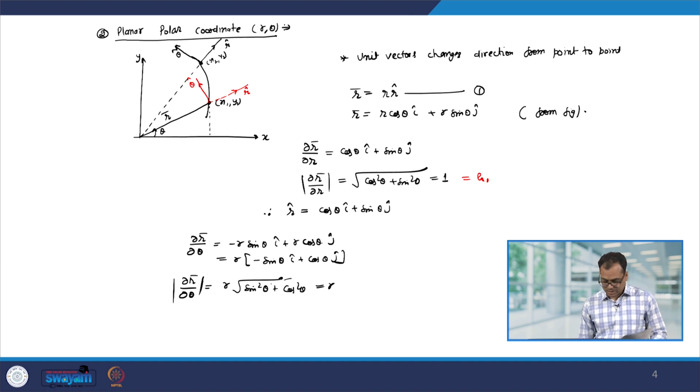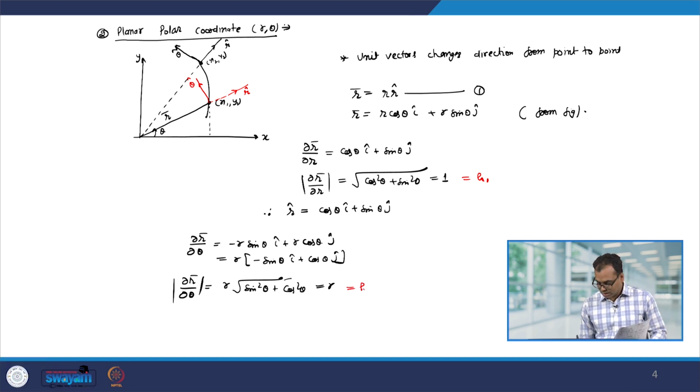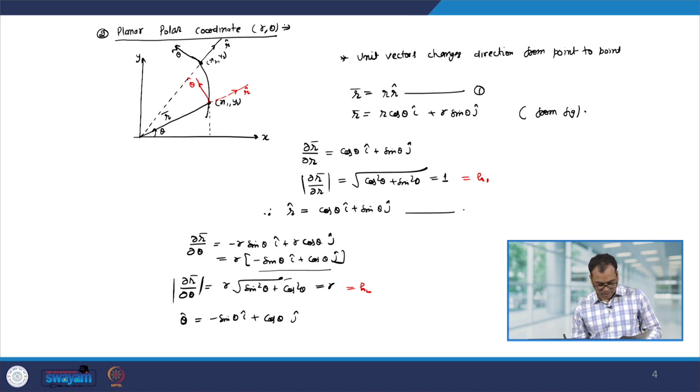Therefore, it is r, it is not 1. So, let us call this h2, and then the unit vector becomes theta cap equal to minus sin theta i plus cos theta j. Let me call this equation number 2 and this equation number 3.